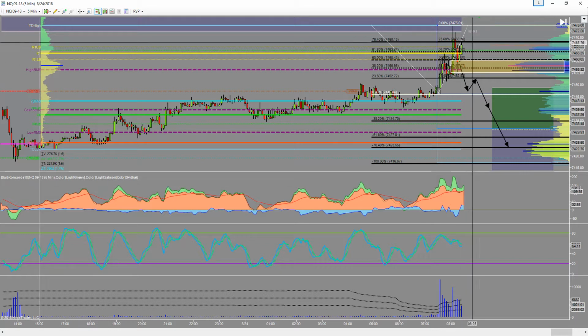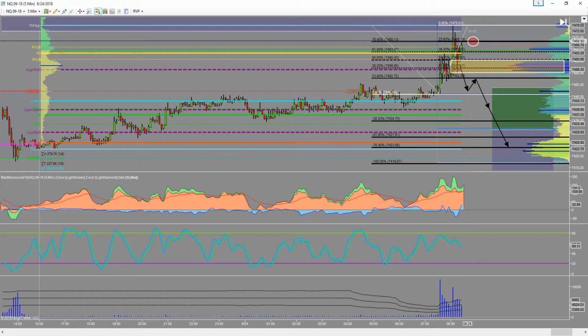So where we expect to go long is on this level there, or 76.40%. That was 68.13, which is not correct because this goes in quarter points, so that would be 74.6850.